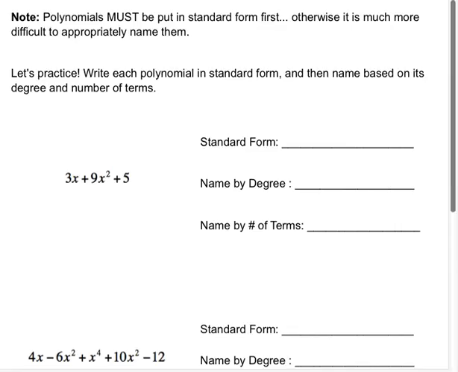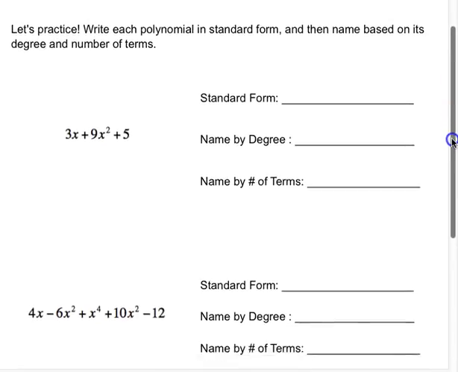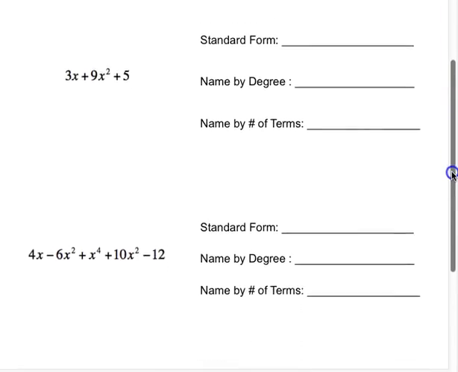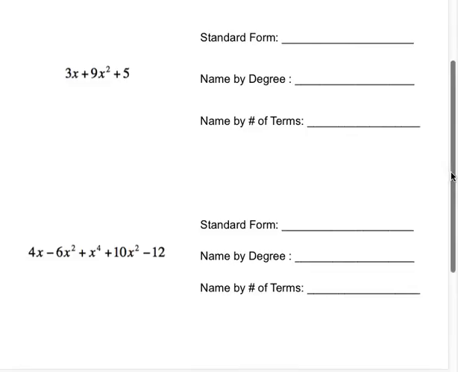Now again, the key here is you need to have it in standard form first. If it's not in standard form, then it gets much harder to identify these names. So for all of these, the first thing you're going to do is put it in standard form, then we'll name them. So this first one, what I notice is all of them have different degrees.